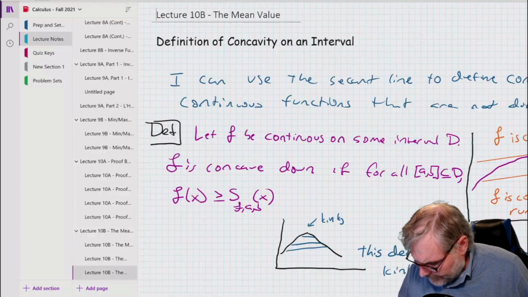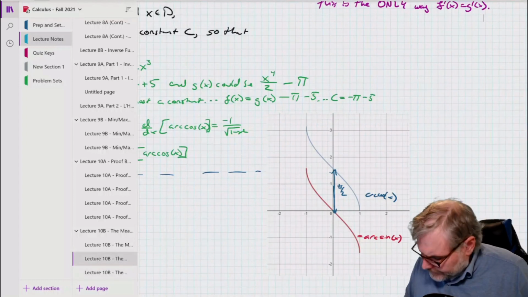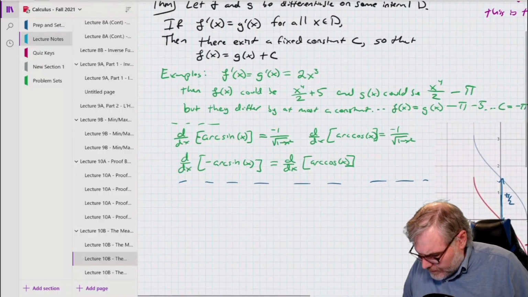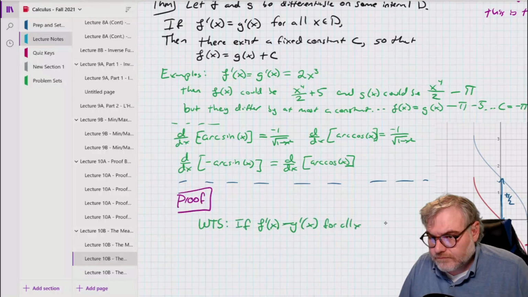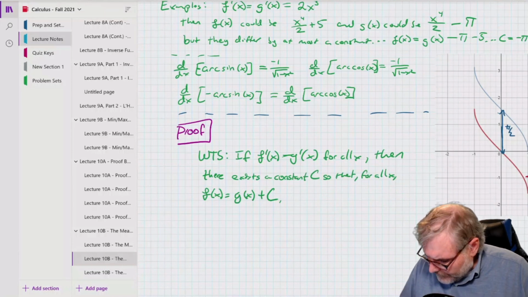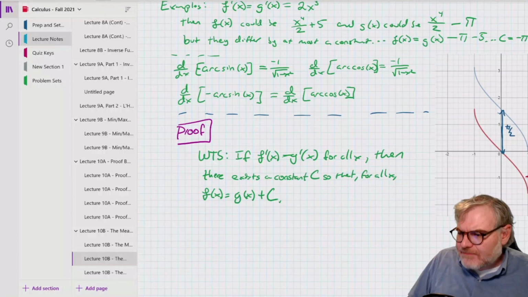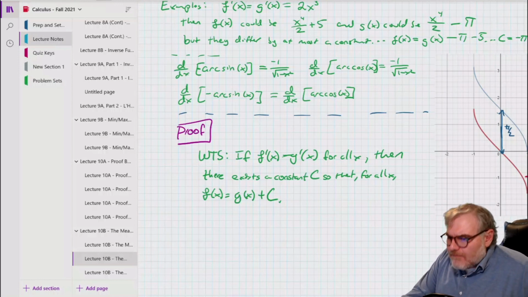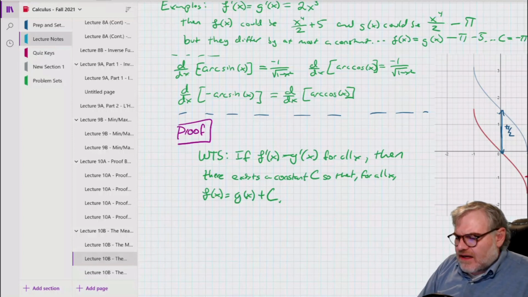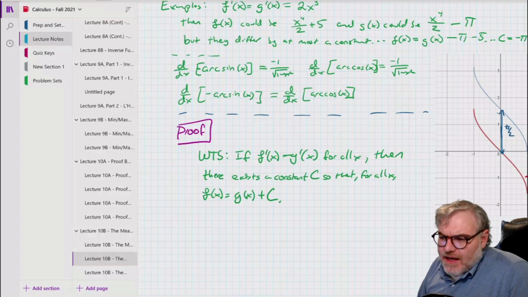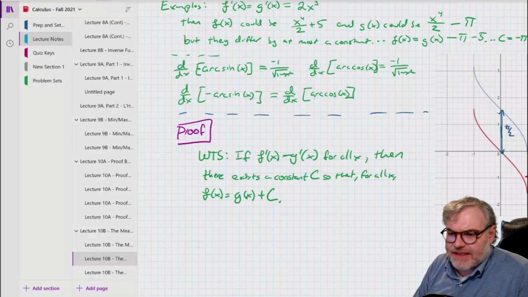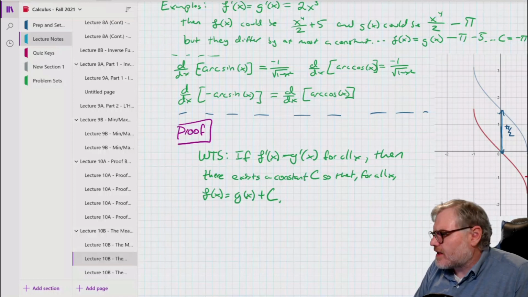So let's go ahead and do that. Here's our strategy, the proof. What I'm saying is suppose otherwise. That means there are two points so that f of a minus g of a does not equal f of b minus g of b. So I'm assuming that the theorem is false.